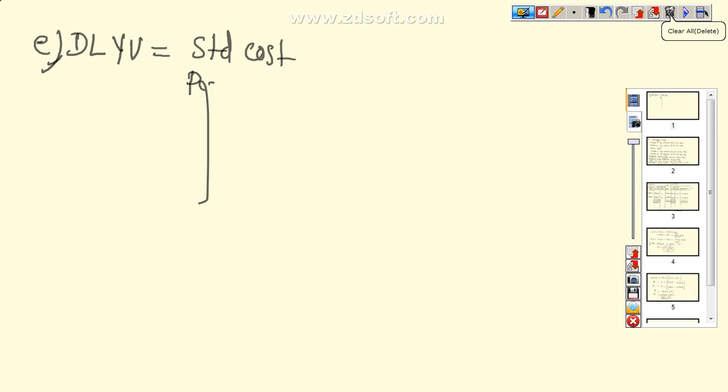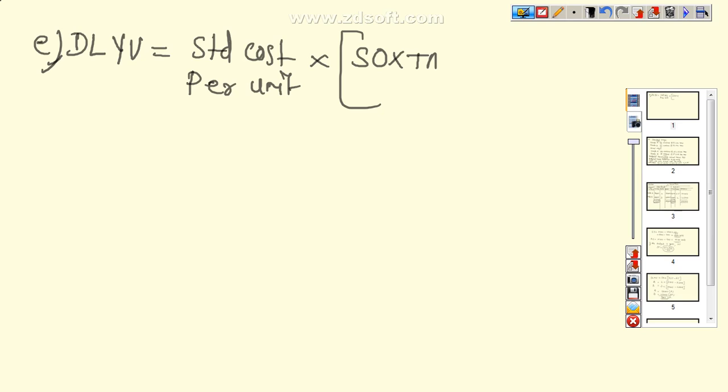In case of output we have to apply the formula, that is direct labor yield variance is equal to standard cost per unit multiplied by standard output into total actual time upon total standard time minus actual output.